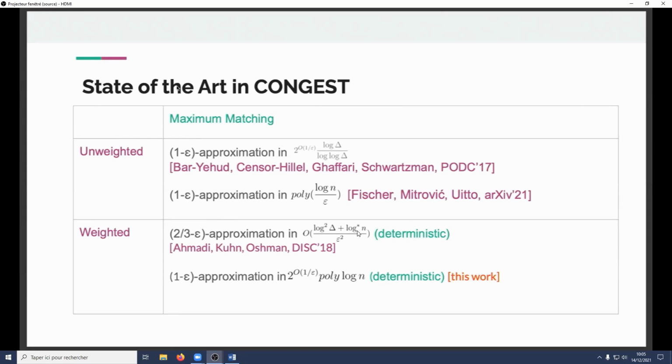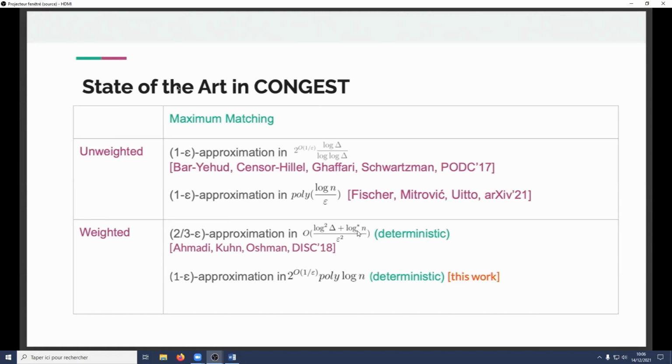And just recently, Fischer, Mitrovic, and Uitto came up with an arXiv paper, which also has a 1 minus epsilon approximation to matching, but which is just polynomial in 1 over epsilon. It's, to the best of my knowledge, the first polynomial in 1 over epsilon algorithm for unweighted matching so far.